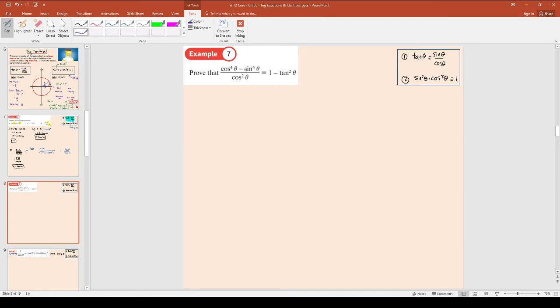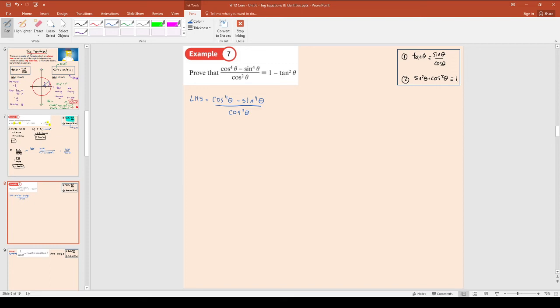Which one is more faffy? Certainly the left side, right? So here's what you're going to write down. You're going to write down LHS equals, and you're just going to put that left side: cos to the power of 4 theta takes sine to the power of 4 theta over cos squared theta.